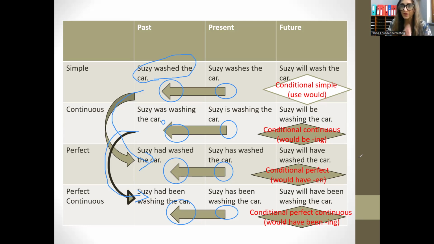Would is seen as the past tense of the word will. Not always. In some cases, you can describe the word would differently, but the past tense of will is given as would. So if you had in the future tense shall, the past tense of shall would be should. Okay. So that's how you deal with the future tense. We'll get to that in a minute.